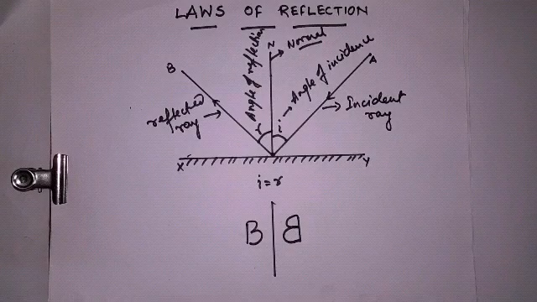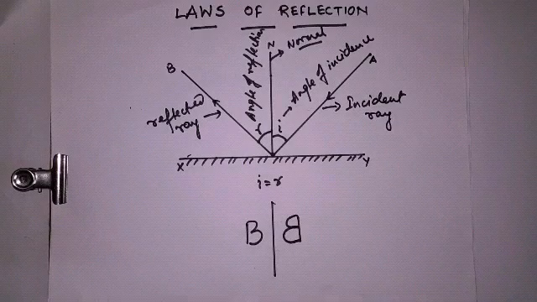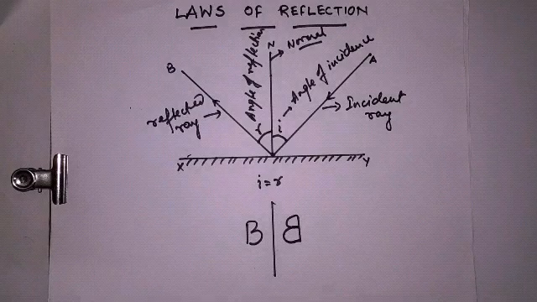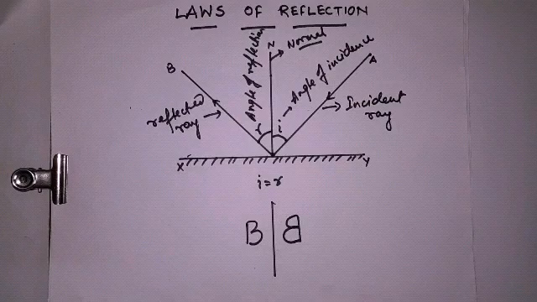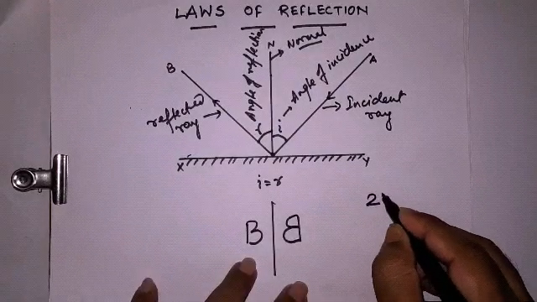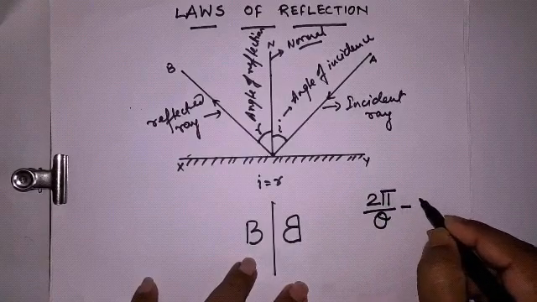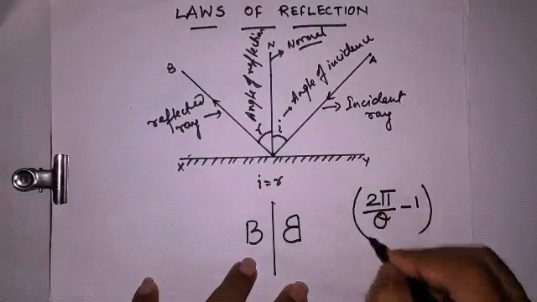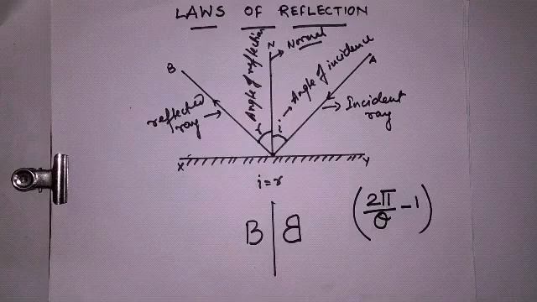Here it says that when an object is kept between two mirrors inclined at an angle theta, a number of images are formed due to multiple reflections, and the number of images formed is given as 2 pi by theta minus 1. This is the formula by which we can find out the number of images.